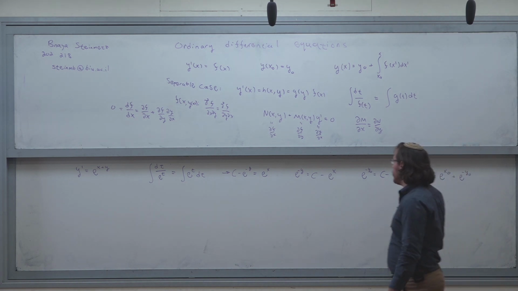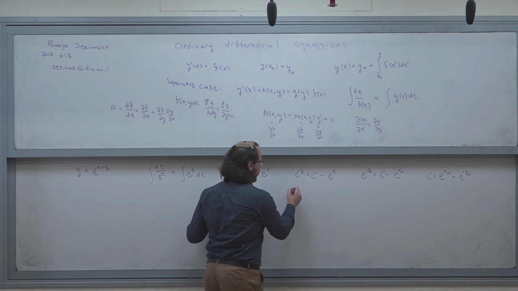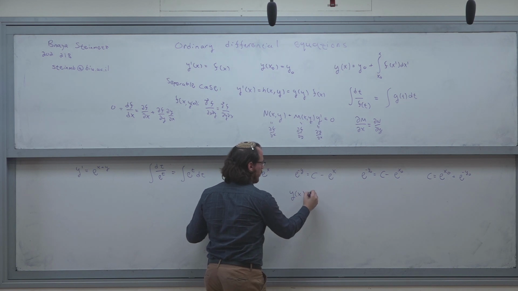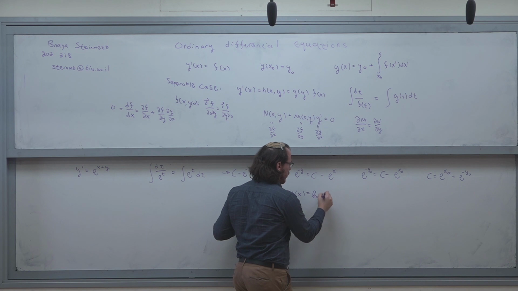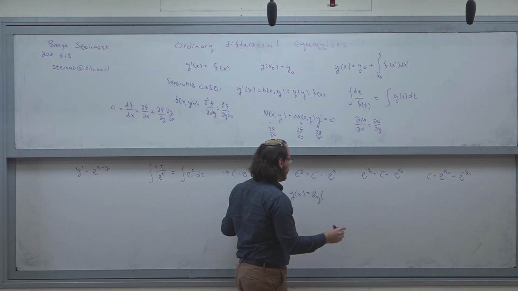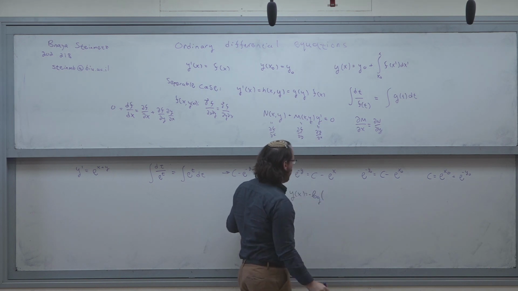And then if I'm taking the logarithm of that, I can see that y of x is minus the logarithm of something.